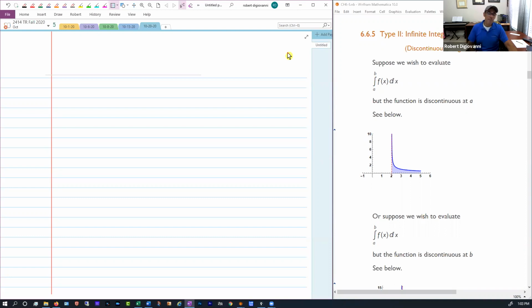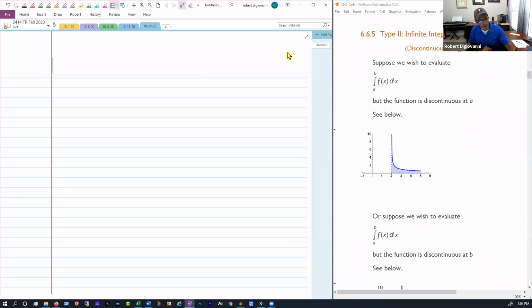All right, so type 2 improper integrals have nothing to do with the interval being the problem. It is the integral that is the problem. The integrand itself, the function you're integrating, has a discontinuity on the interval that you're looking at.